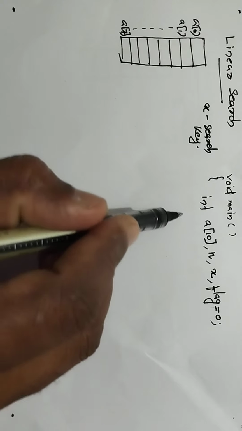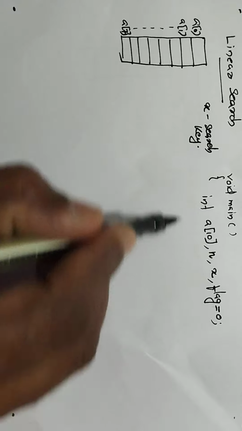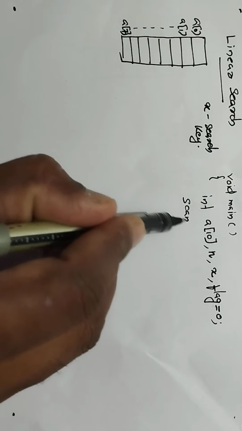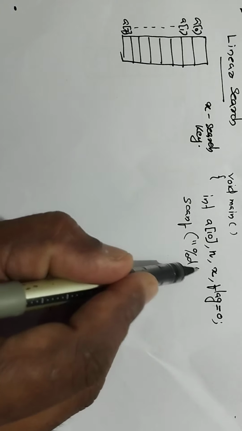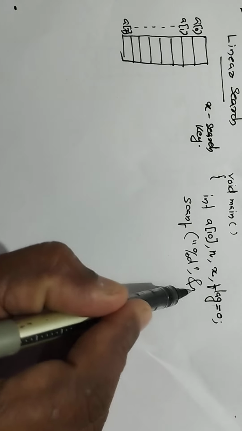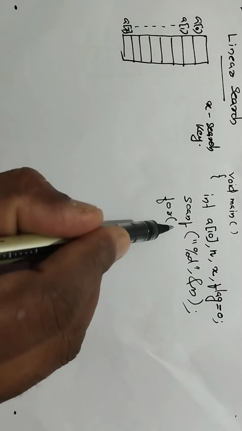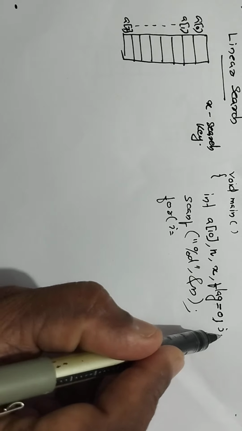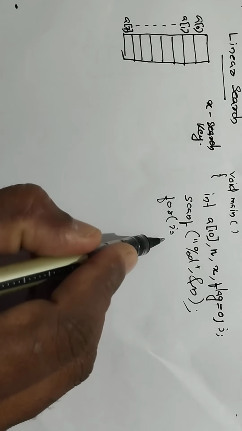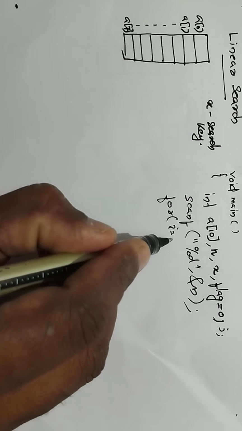And the input part, I think you are all aware of that. So without much explanation, I will write the statements for reading the value n and for reading array elements. For using a loop, we need to declare a looping variable.